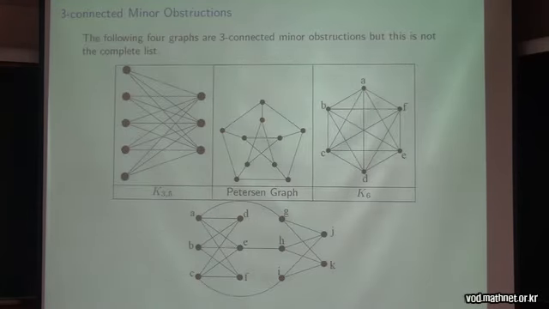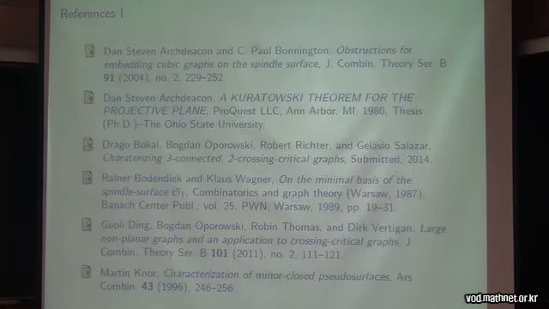And for 3-connected minor obstructions, we are still finding the list. So we want to find the complete list of excluded minors of spindle surface. This is the end of my presentation.